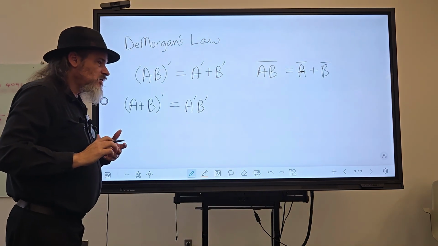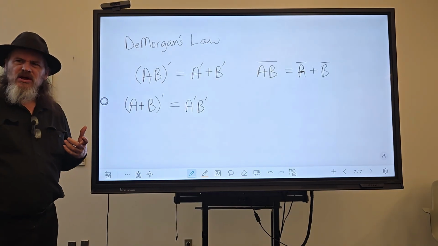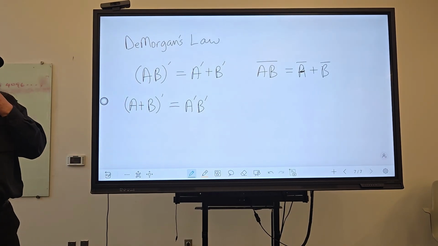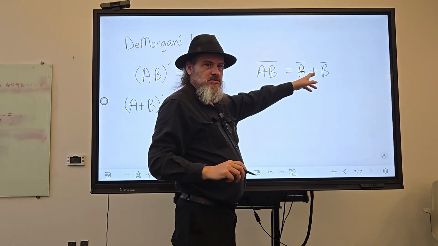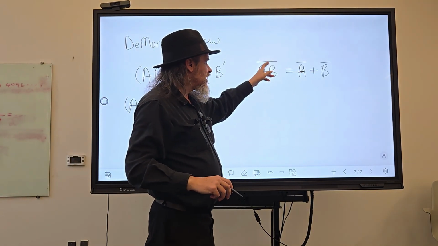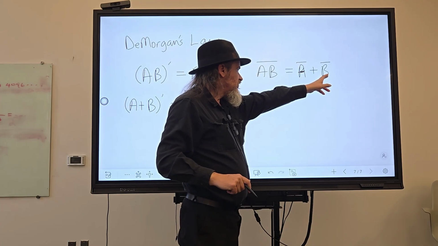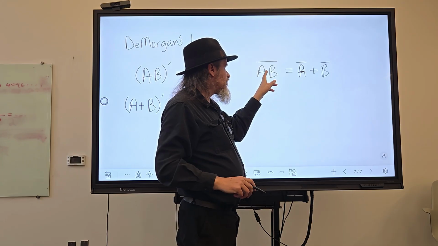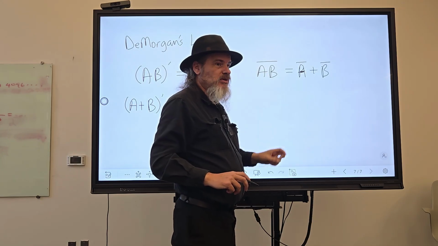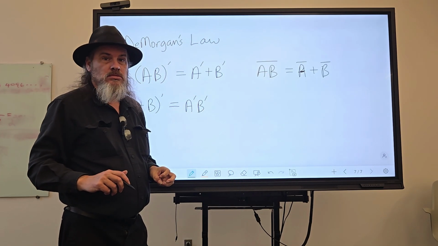Now one person has put it to me like this: break the bar, change the sign. So you're breaking the bar between the two variables and then changing the sign, changing the operator from an and to a plus, to an or.